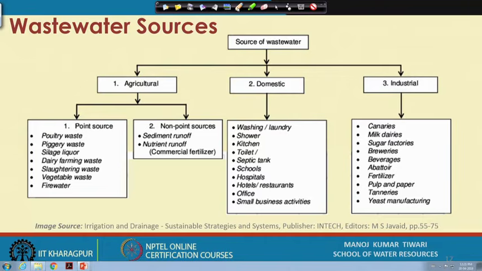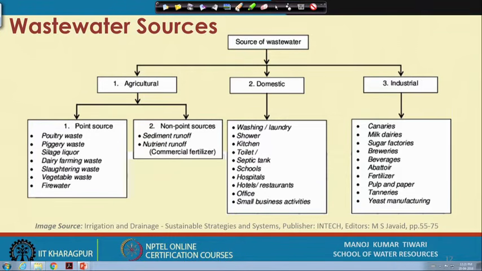So, the characteristic of wastewater, to a large extent, depends on its origin or the source from where it is generating. Broadly, the wastewater sources are categorized into agricultural, domestic and industrial sectors.